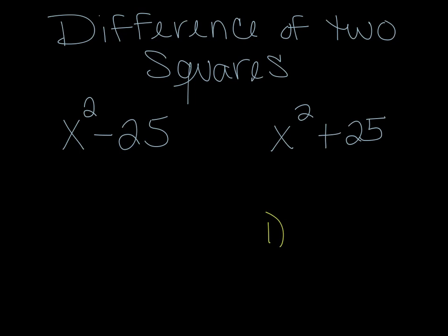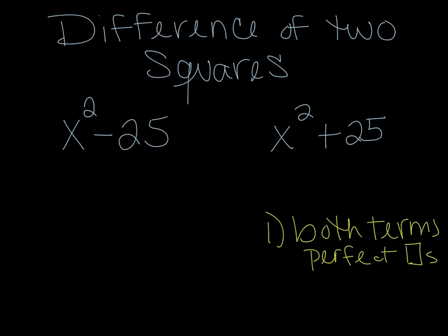We want, one, both terms perfect squares, and two, is it subtraction? If you can say yes to both of those, then it's a difference of two perfect squares.